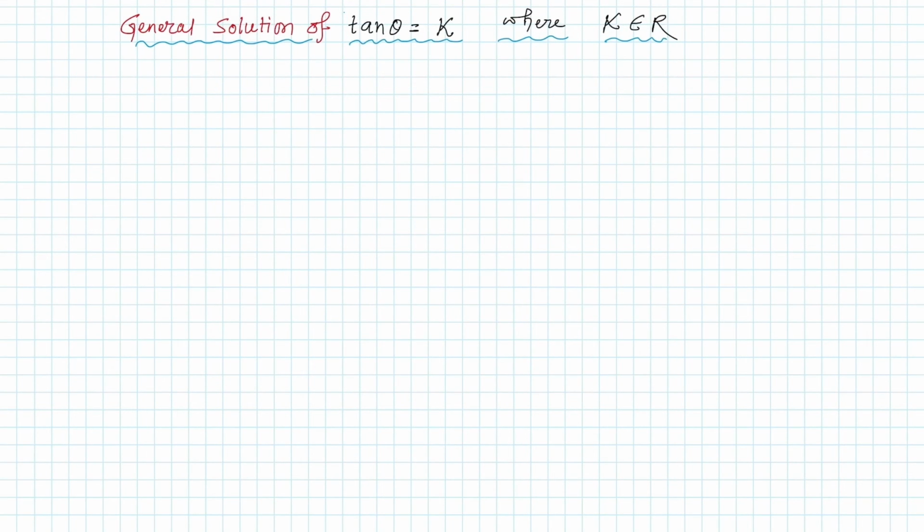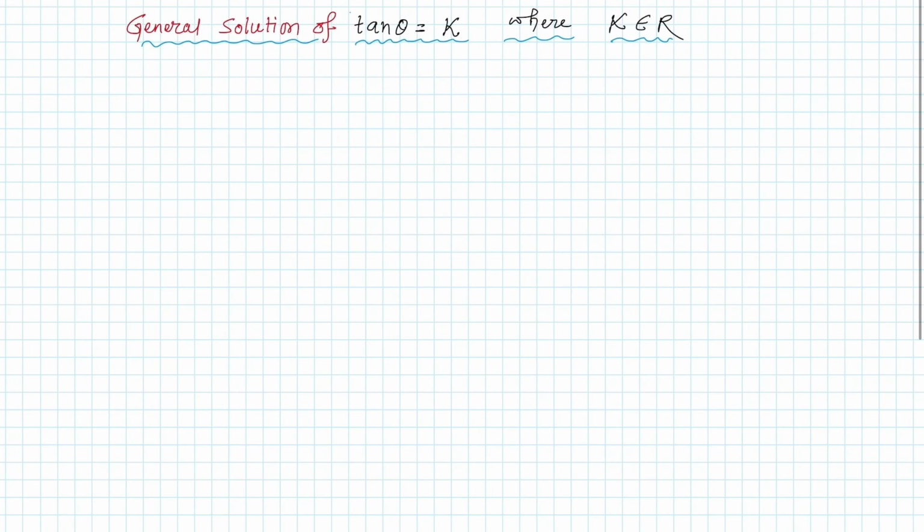So now the general solution of tan theta is equal to k, where k belongs to R. We know the range of the function tan theta is R, that's why k belongs to R. We have taken k as a value which belongs to R, the set of all real numbers.